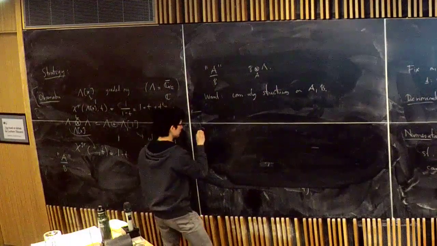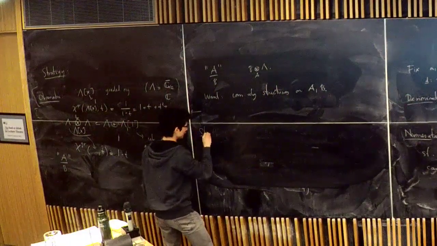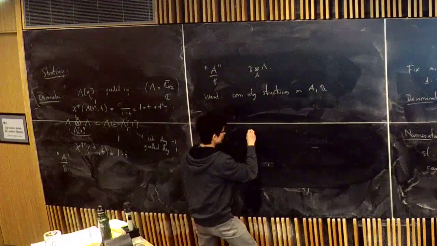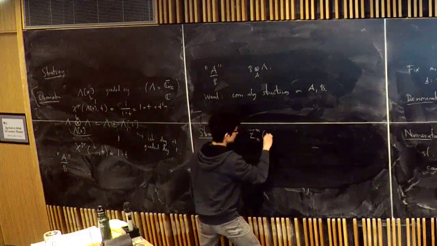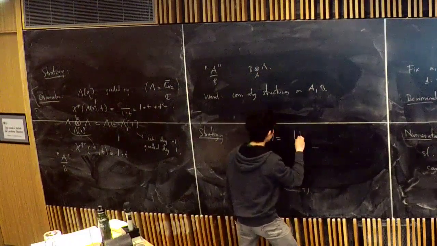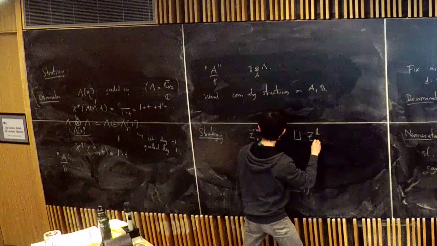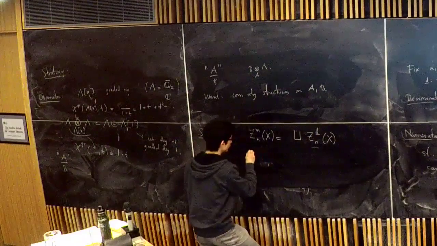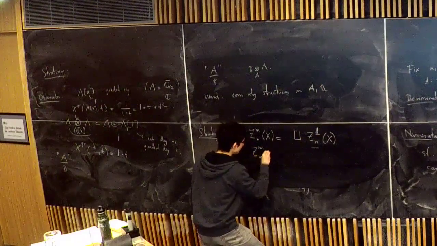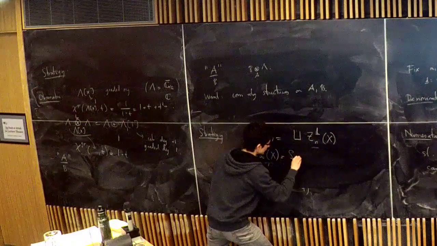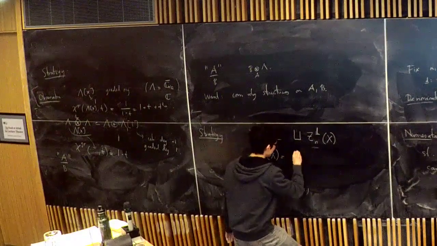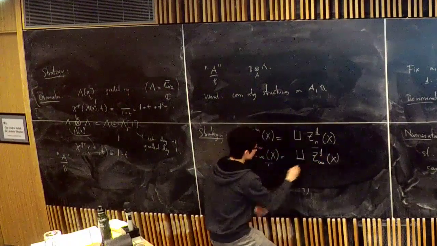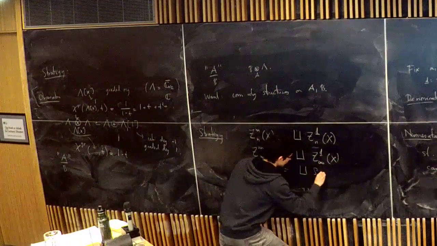So now, back to the actual strategy. Let me denote Z_{M,N}(X) to be the disjoint union of the Z_{D,N}(X). And then I will also use the notation Z_{M,∞}(X), which has no condition.